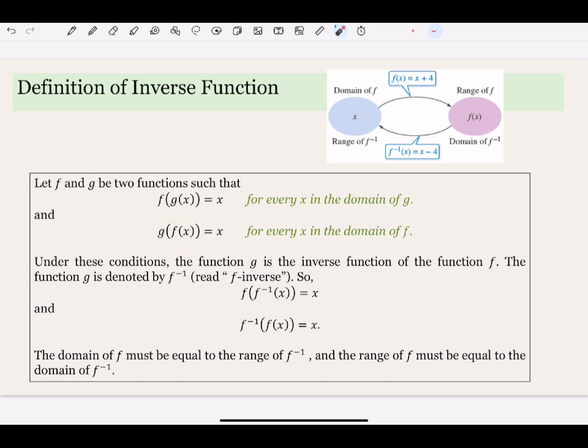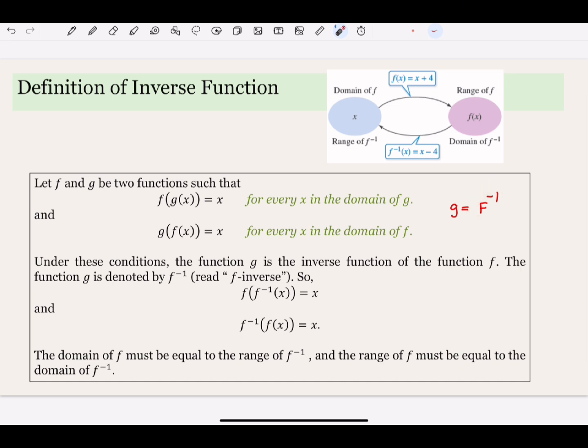If both these compositions are equal to x, we say g is the inverse of f, and we usually write this as g equals f inverse, and we read this notation as f inverse.